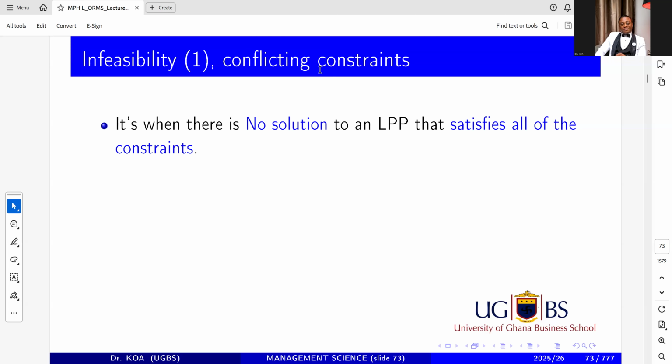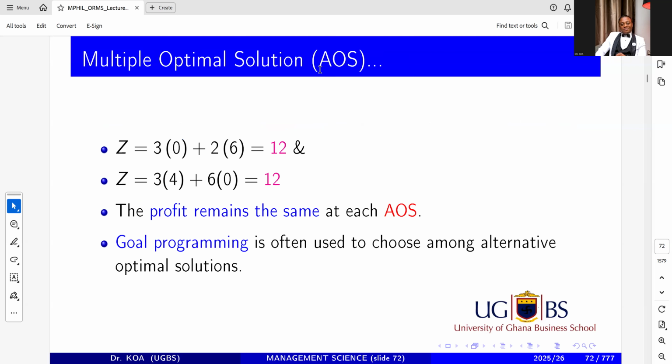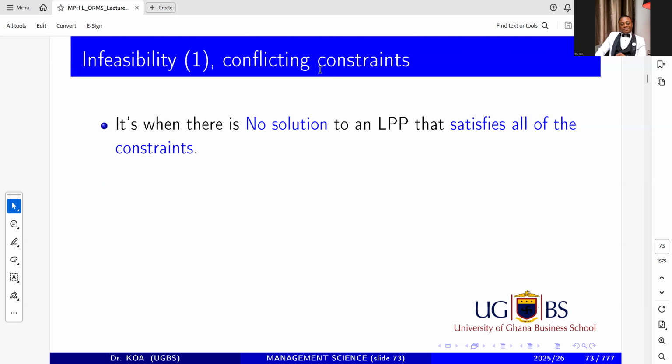In an infeasibility, there are conflicting constraints. One constraint is saying that this value is below. Another constraint is saying that this value is above. So it's like you go your way, let me go my way. Let's take a mathematical example. Normally you want the constraints to intersect, but they don't intersect. At least one constraint should intersect another.